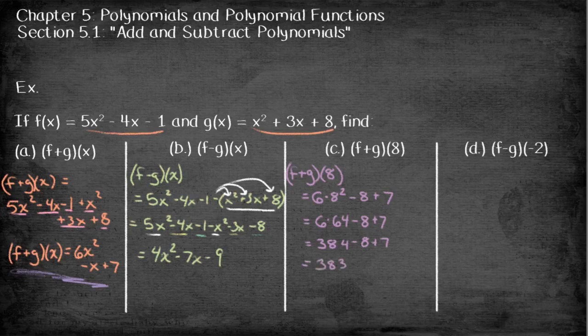And we get 383. Last up, we're evaluating f minus g at negative 2. This is not too terrible. And so we get 21. It's not too bad, just as always, you've got to watch out for those negative signs.